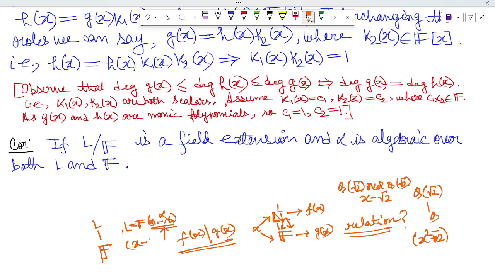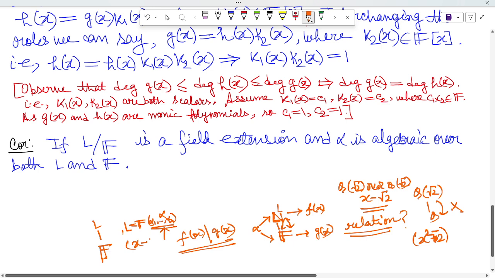Root 2 is available there, but not here, so I need to increase the degree, rationalizing the coefficients. That is the intuition. So we are increasing the degree here, but we don't need to increase the degree there. In that case, that properly divides this. Okay, the intuition is clear by the example. So let me write it properly.